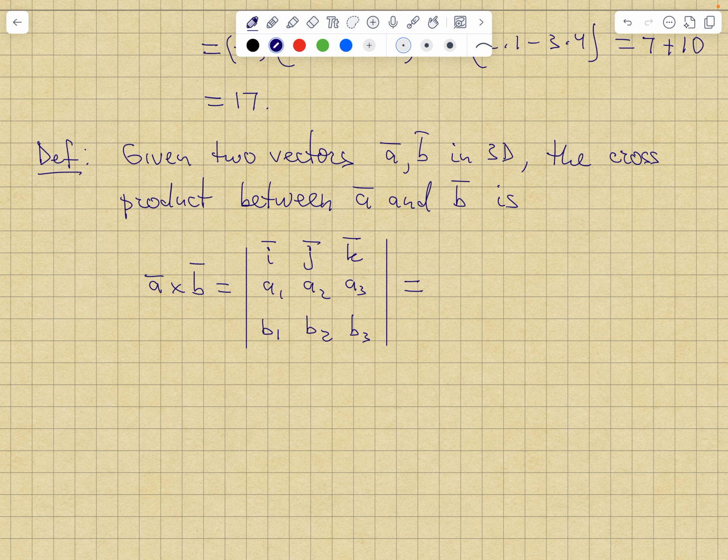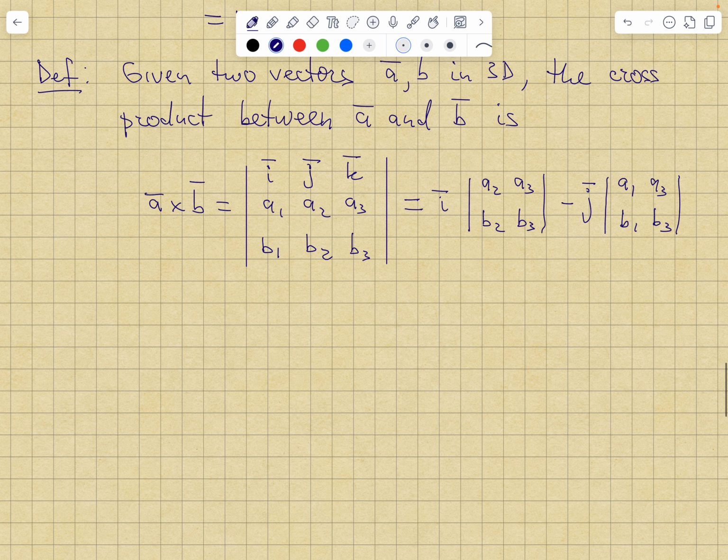So now if I use the definition of the determinant to compute this, I cross out the first row and the first column, and i is multiplied by the determinant A2, A3, B2, B3, then minus j, cross out the first row and the second column, A1, A3, B1, B3, and then plus k, cross out the corresponding row and column, and you get the determinant of A1, A2, B1, B2.